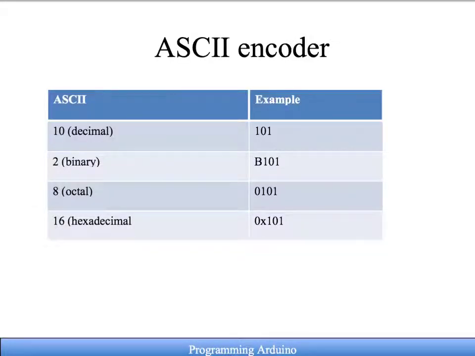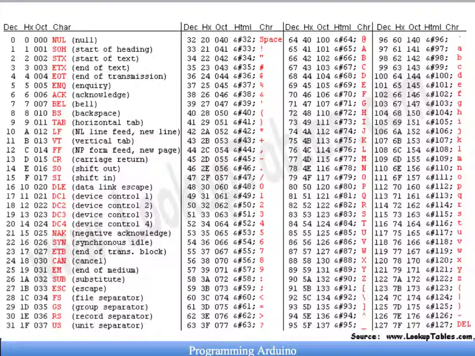For example, the ASCII code 101 as a decimal is 101. If you use it as a binary, it's going to be B101. As octal, it's going to be 0101, and as hexadecimal it's going to be 0x101. So it's called the ASCII encoder, and you can take a look at the ASCII table.